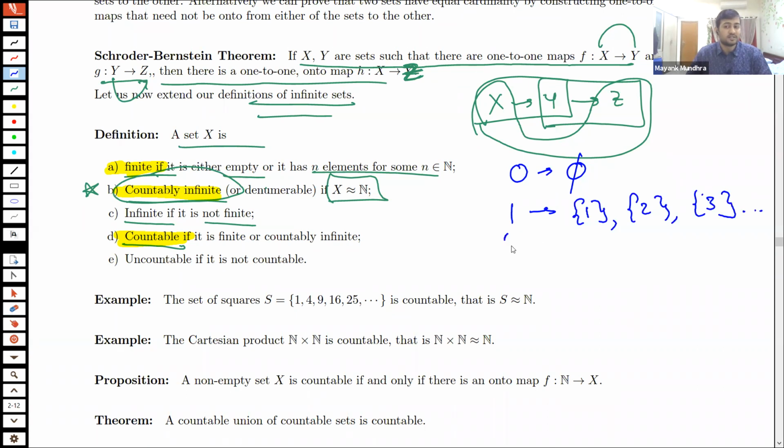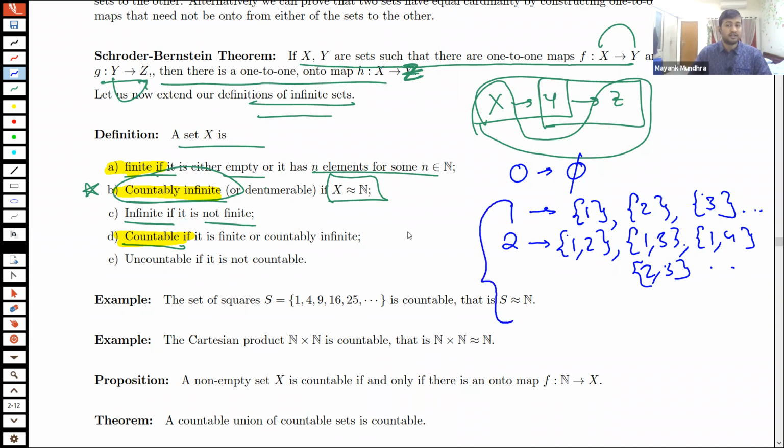Then size 2, which will be sets like {1, 2}, {1, 3}, {1, 4}, {2, 3}, and so on. Then you talk about sets of size 3, 4, 5, and so on. So these are all finite sets.